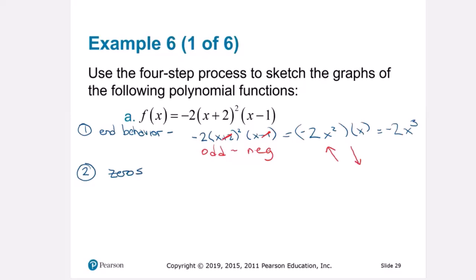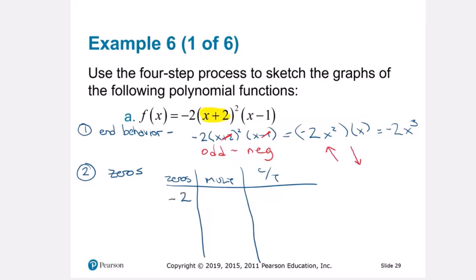Second thing, to find our zeros, we can make our table. Here's my zeros. Here's my multiplicity. And does it cross or touch? I have a zero at negative 2. And the multiplicity is our exponent. That's 2.